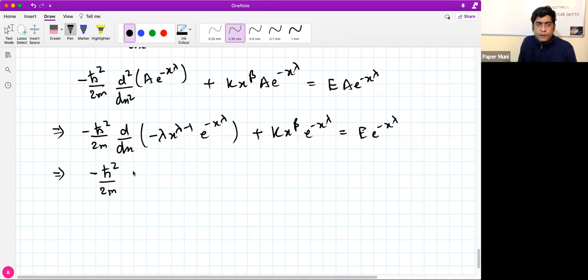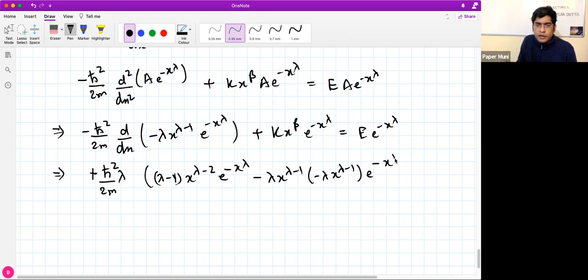All right, so what do you get now? Let's get rid of lambda here and the minus sign, so this becomes plus lambda, and then we have lambda minus 1, and then x^(λ-2), and this is as it is. Then we have minus λ x^(λ-1), and again minus λ x^(λ-1), times e^(-x^λ).